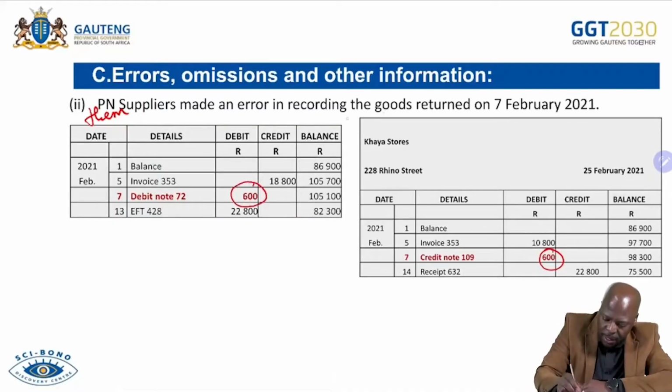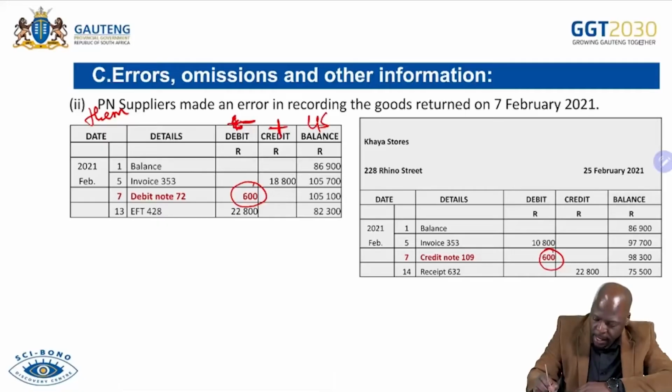In the ledger, remember, this is in the ledger. This is us, minus plus. Okay, in the ledger, rather, it is a plus here, and here it's a minus. Okay, yes, here it is a plus, and here it is a minus. Okay, and then in the statement, it is a plus, and here it has to be a minus.